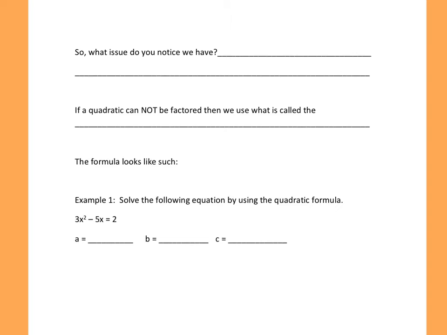So, very last thing we're learning is that sometimes we run into an issue, okay? The issue is when I have a trinomial. What's a trinomial? 3 terms, right? Sometimes the X method doesn't work.